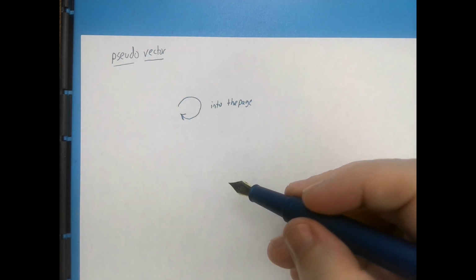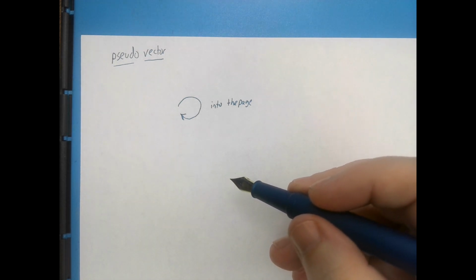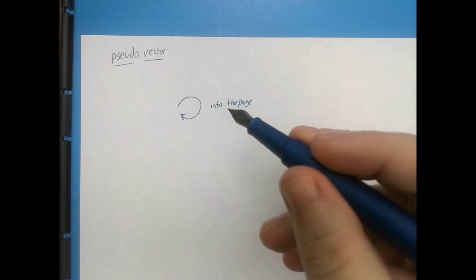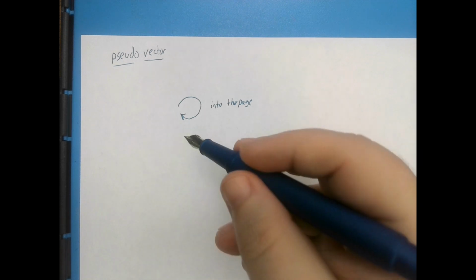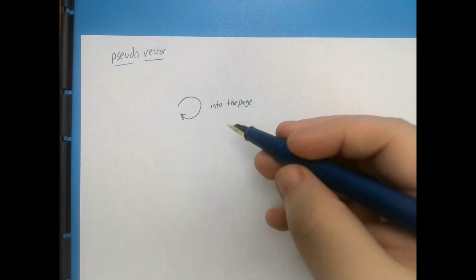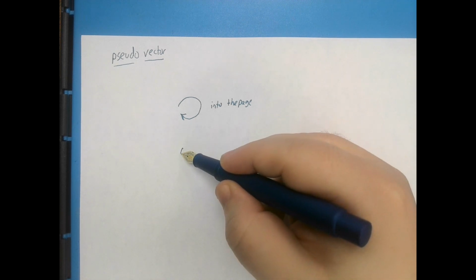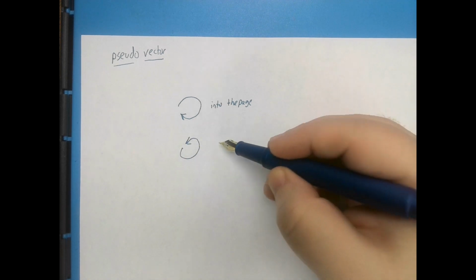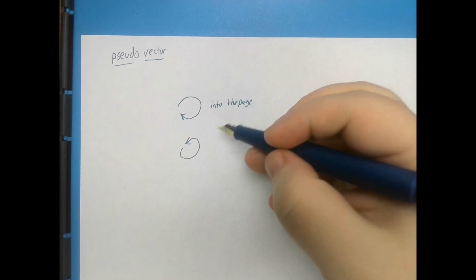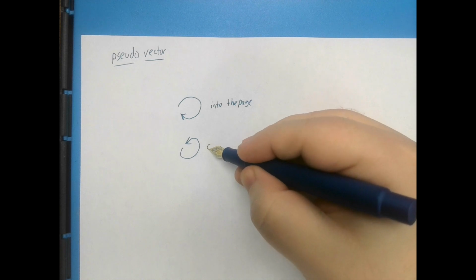So angular vectors and torques, any rotational stuff, is weird because the pseudo vector is pointing not in the same plane. It really introduces a new dimension. If we have counterclockwise, wrapping my fingers in the same direction, my thumb will point up toward the camera, so up in the air, out of the page.